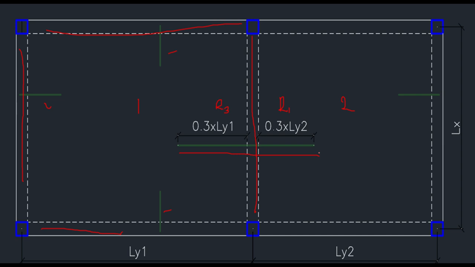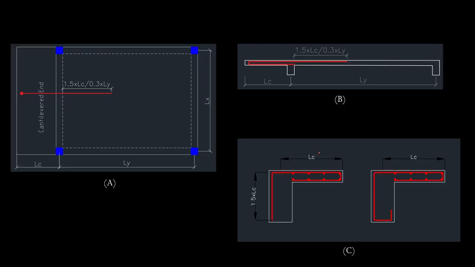But in a one-way slab, the only main reinforcement is the RX, which is the reinforcement that is placed parallel to the short span of the slab. So let's now take a look at the cantilever slab.